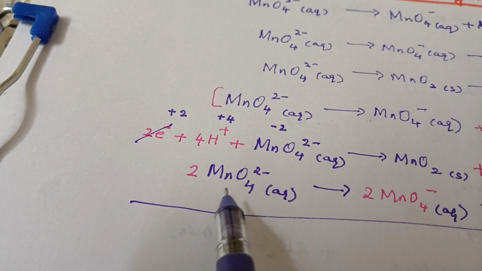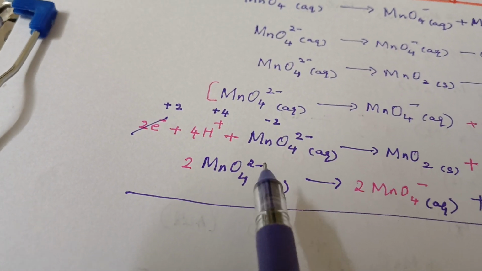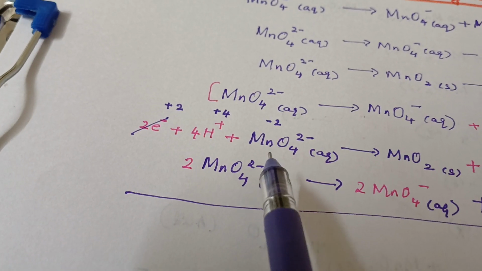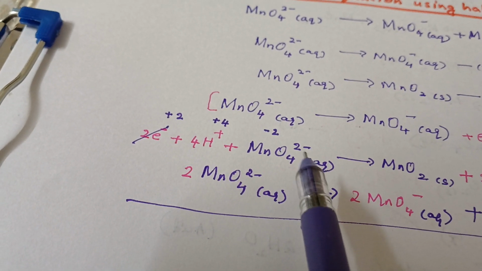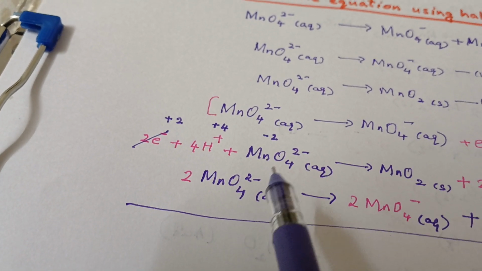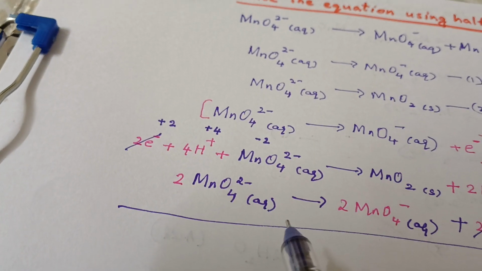And another thing: we have 2 MnO4 2- and MnO4 2-. Adding these two, we will get 3 MnO4 2-.